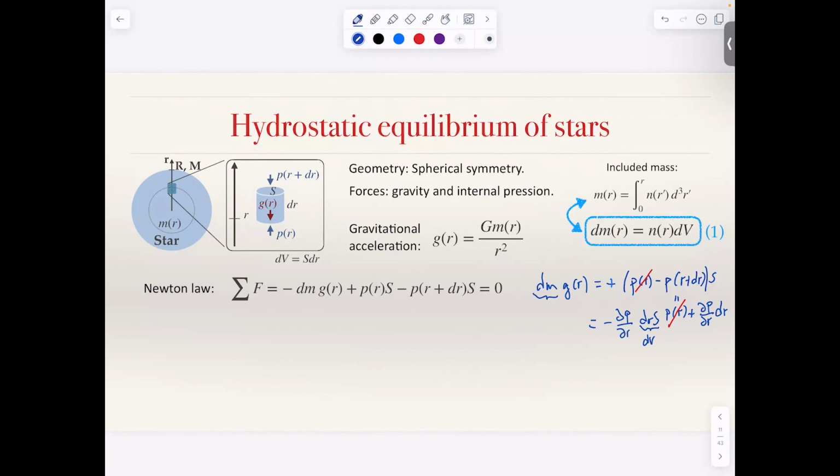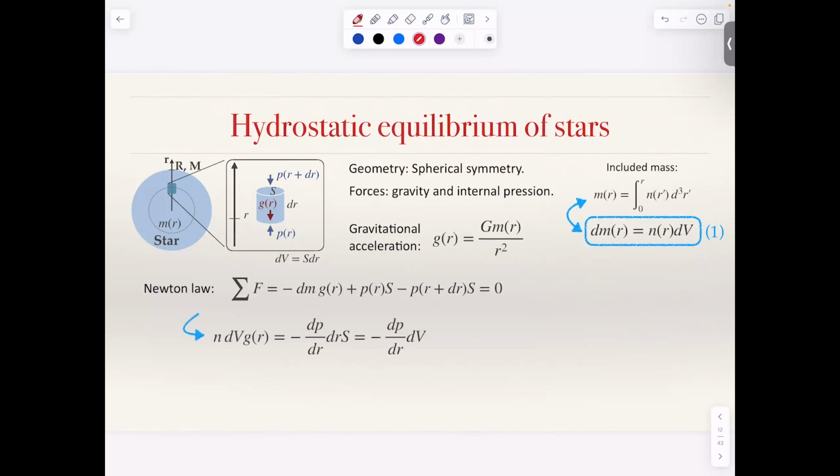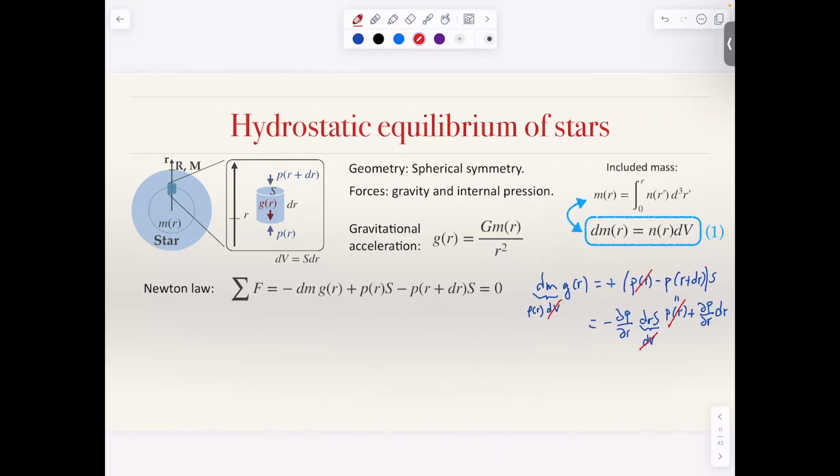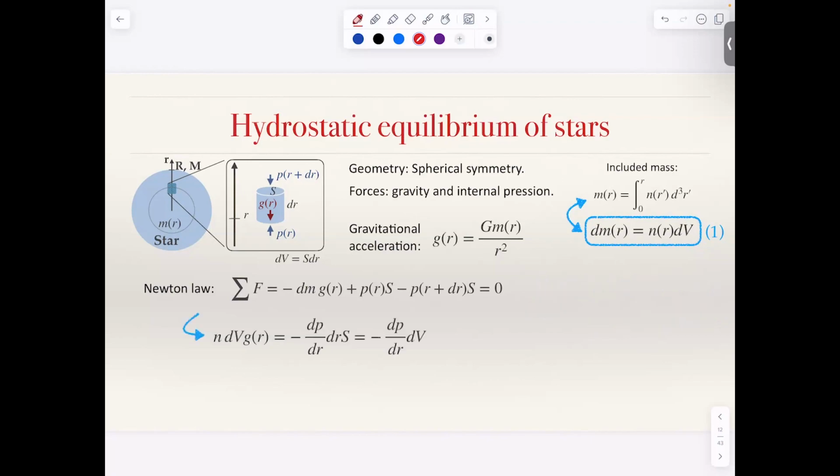So let me use rho of r dV. Okay, so again, I have dV here. Okay, so what I obtain, excuse me, I hope it is clear.